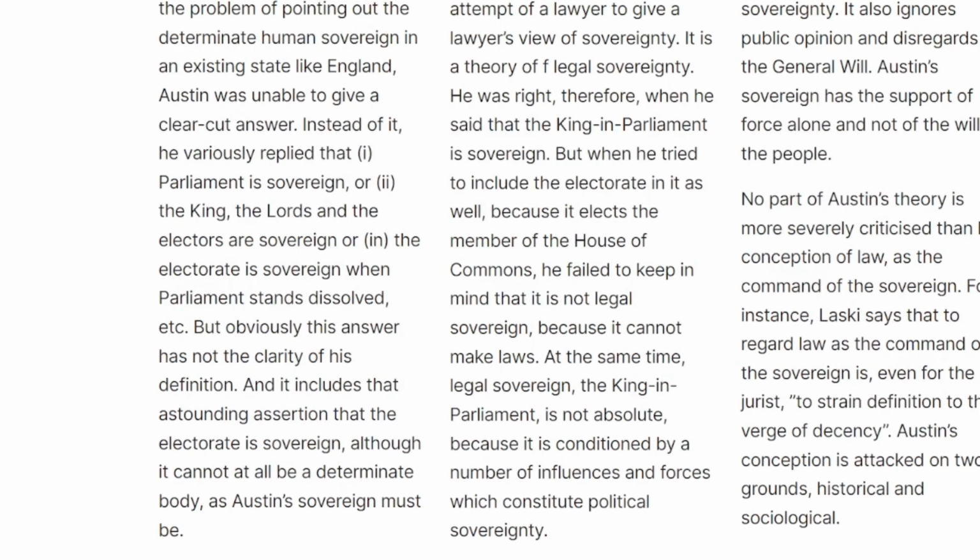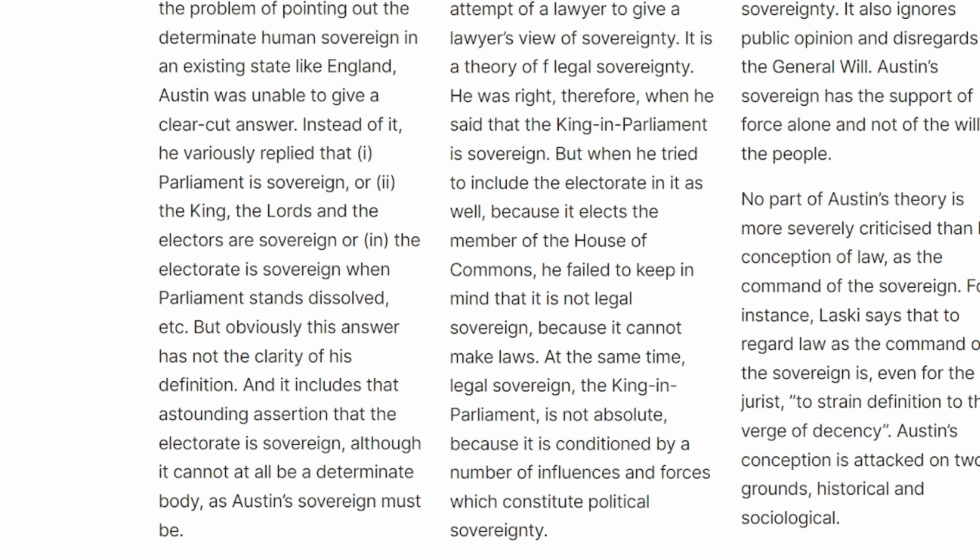No part of Austin's theory is more severely criticized than his conception of law as the command of the sovereign, because according to him, the command of the sovereign is absolute, and that is not advisable in the current world order. The commands of the sovereign are not the ultimate.